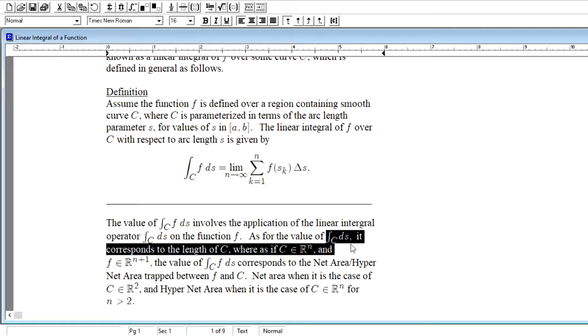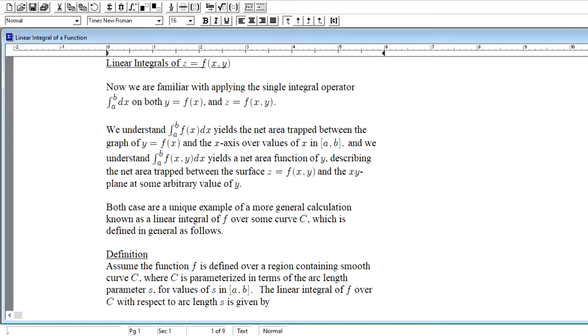If we spend a moment just thinking about the value of this operator, as we had seen back in the case for linear and double integration, presented back here, if we consider just the operator of either single integration or double integration being applied, there is a formal understanding to that operation.